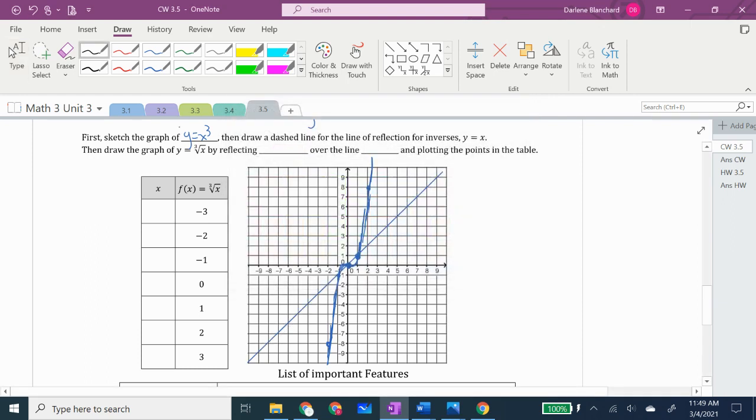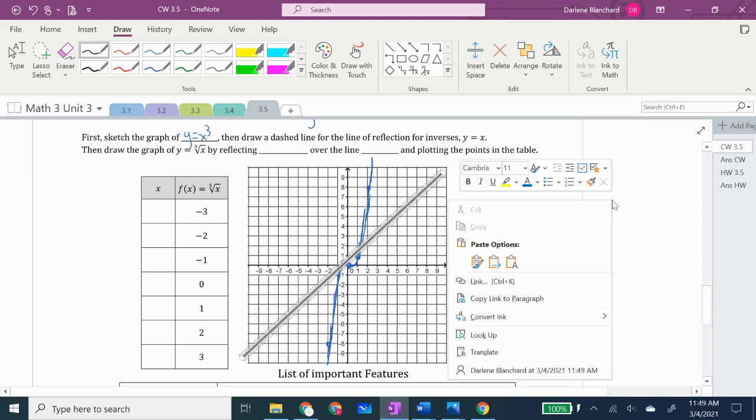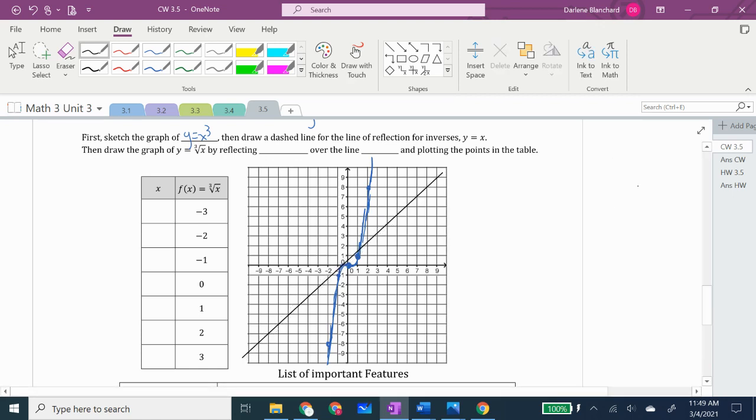It won't let me change the color, but I will change it to a dashed if it will let me. Okay, that's still not fantastic, so I'll just delete it.